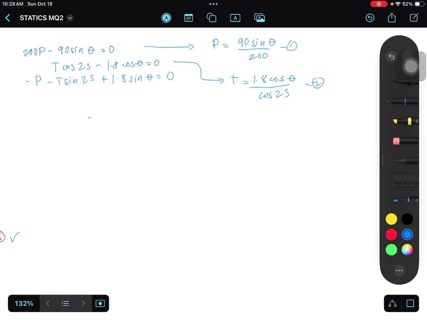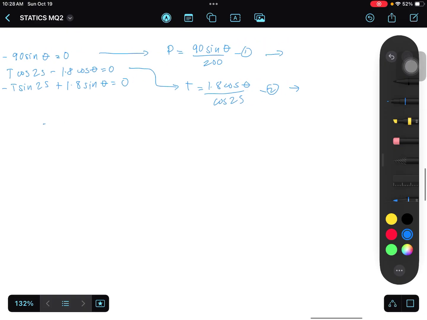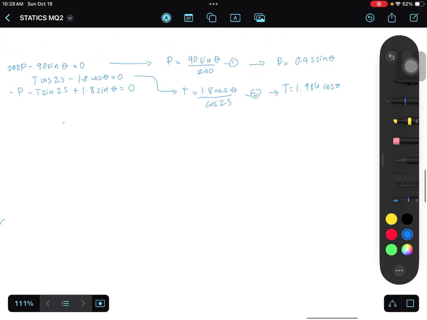Okay na. So, simplify natin further into numerical. 90 divided by 200 is 0.45, so P equals 0.45 sine theta. And then 1.8 divided by cosine 25: T equals 1.986 cosine theta. Okay. So, ito na yung simplified na equation.